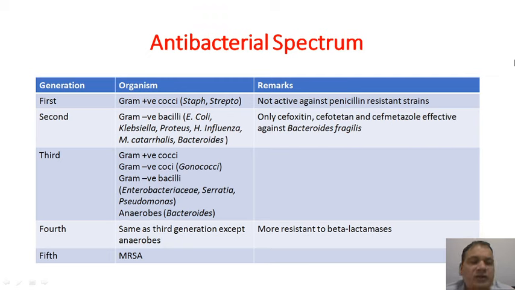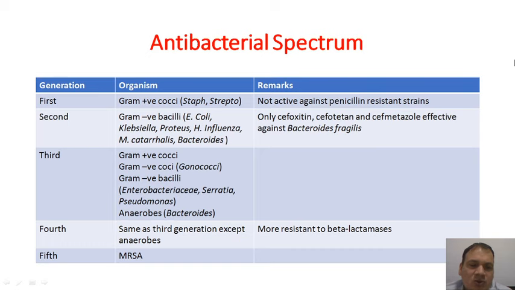Okay. And we have seen the antibacterial spectrum of each generation, because the basis of classification was the antibacterial spectrum. Okay. So first generation, they are more active against your gram-positive cocci like your staphylococcus and streptococcus. Your second generation is more active against your gram-negative bacilli.